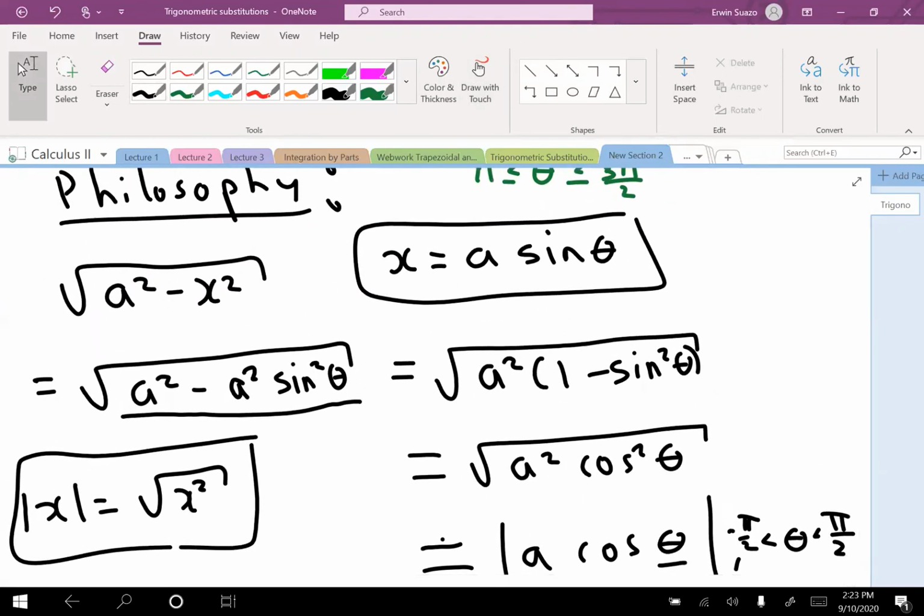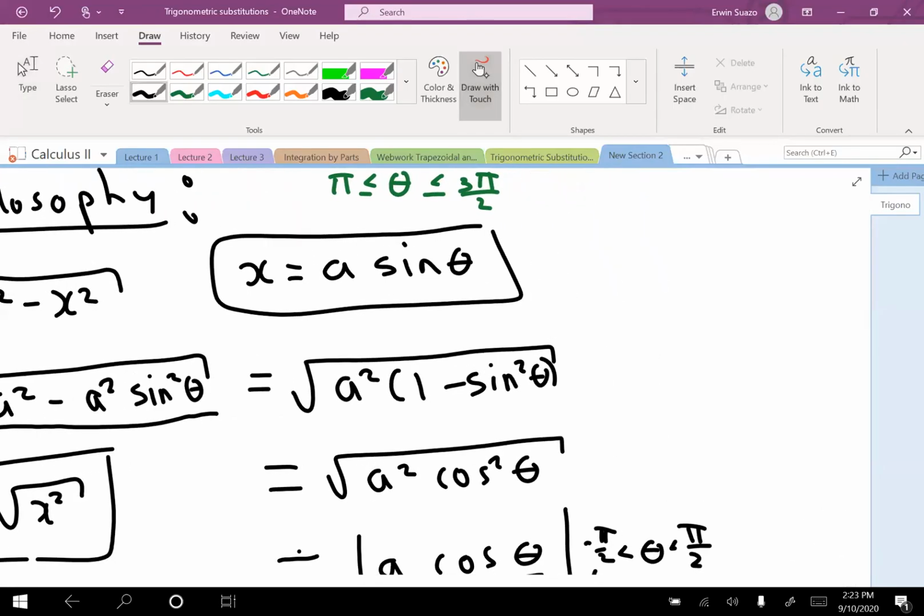I had x equals a sine of theta, so I replace x squared by this guy. It's my substitution. So x squared will be a squared sine squared, right? So you expand it. Remember, this is a property from algebra. I have a sine theta squared, and this goes like a squared times sine squared of theta.